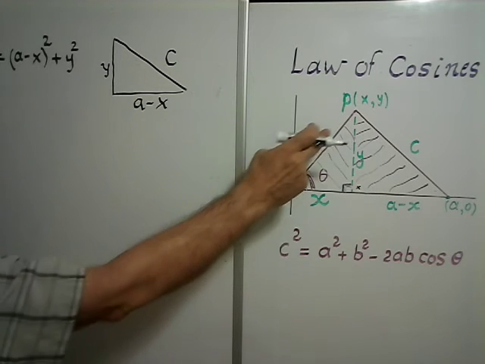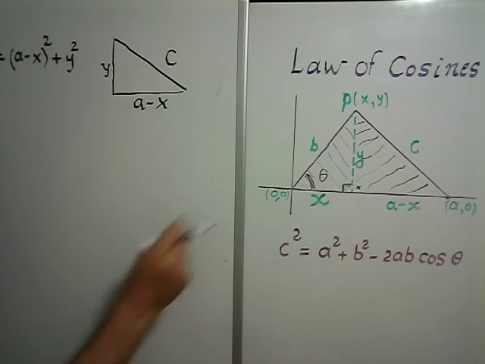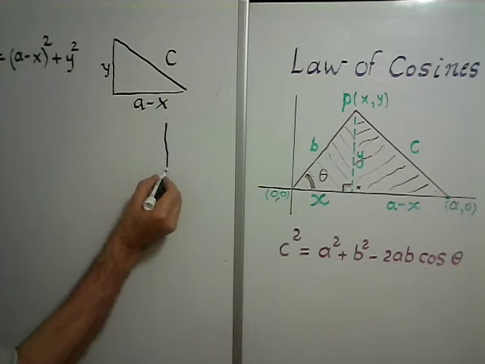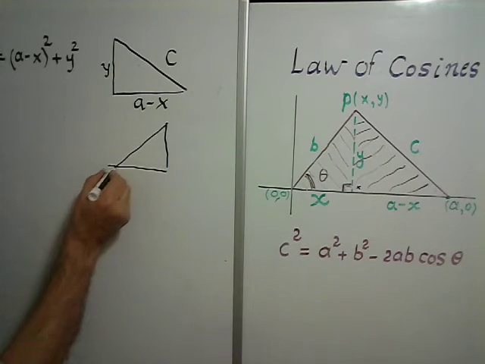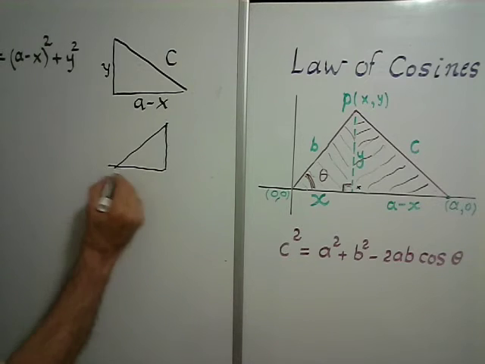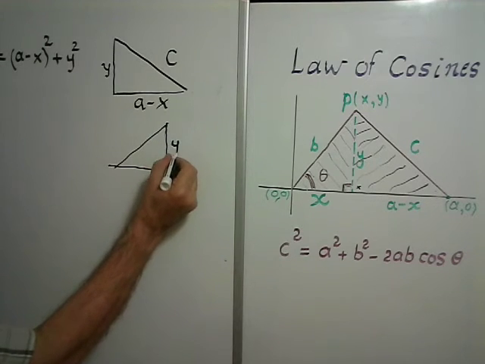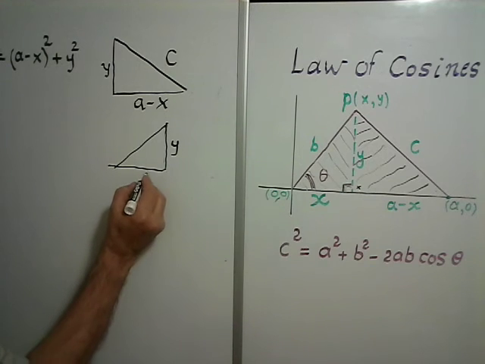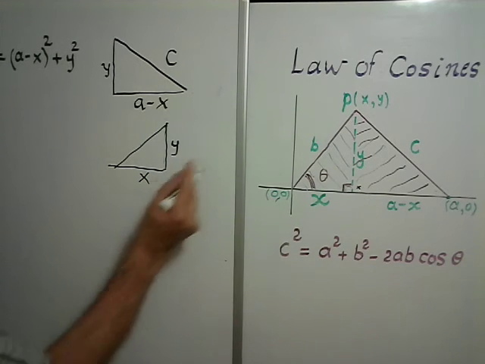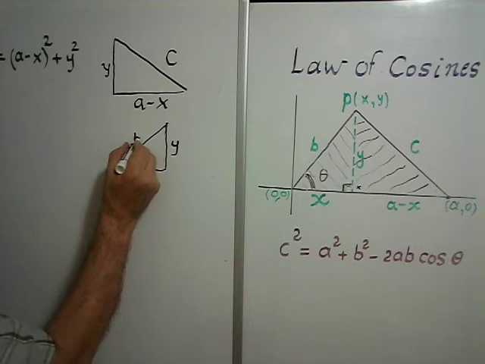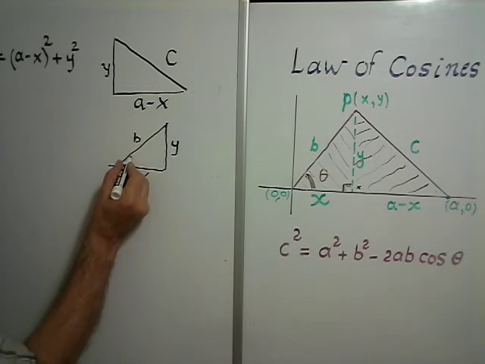Also for this triangle here, which can be drawn here, this is y again, and this is x, and this is b, here is b, and this is angle theta.